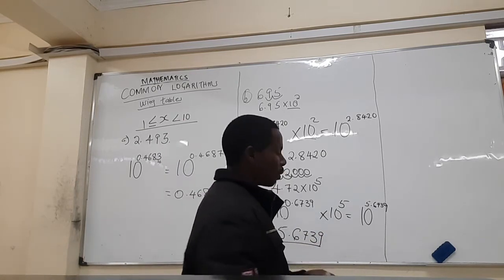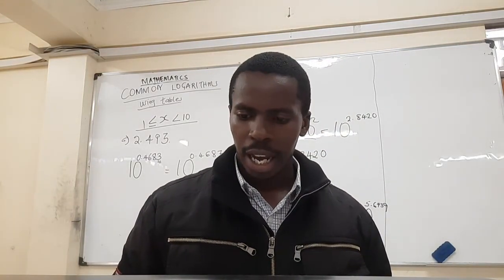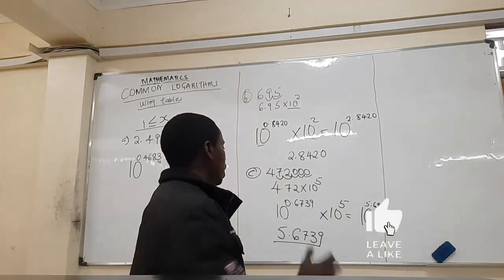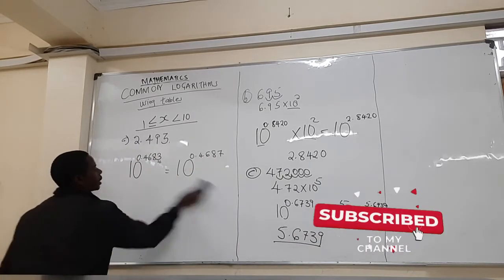We now look for logarithms of numbers that are less than 1. We have looked at numbers that are greater than 1, then we look at those numbers that are less than 1.